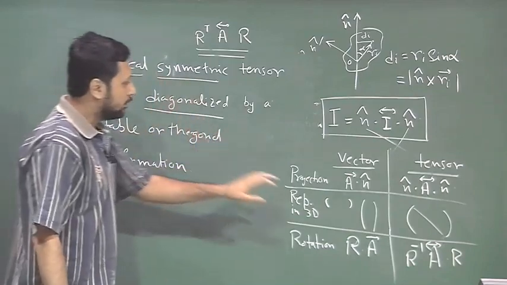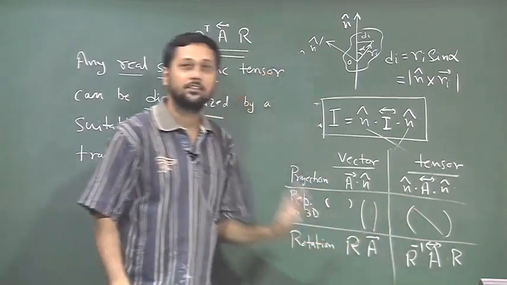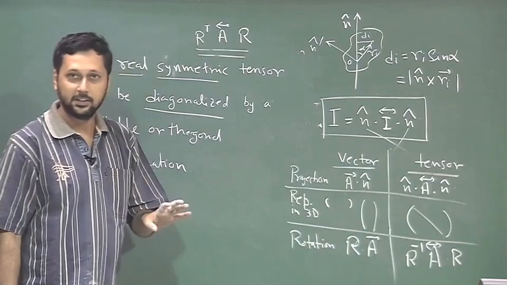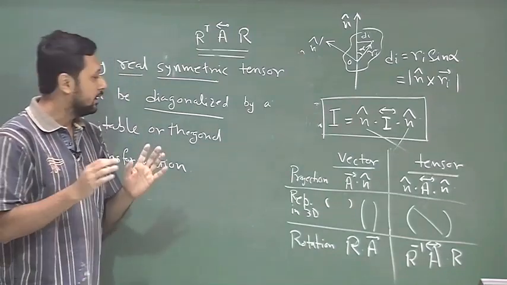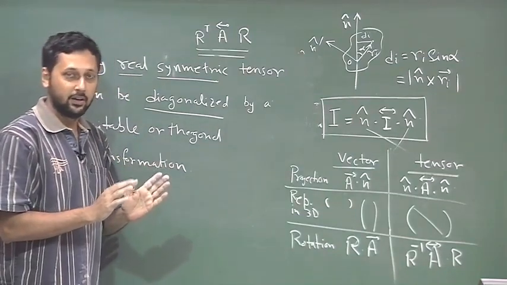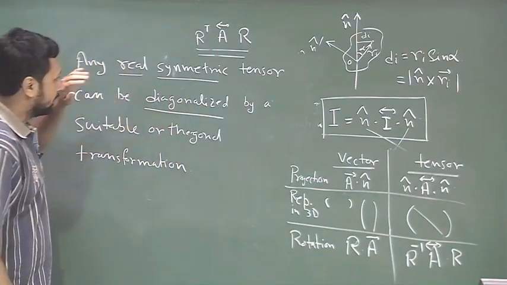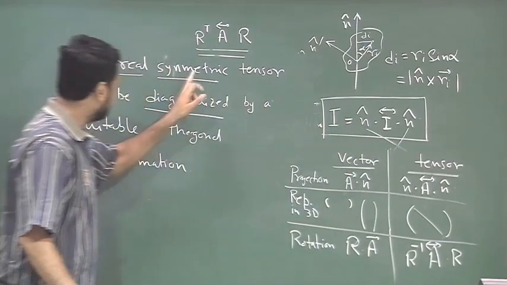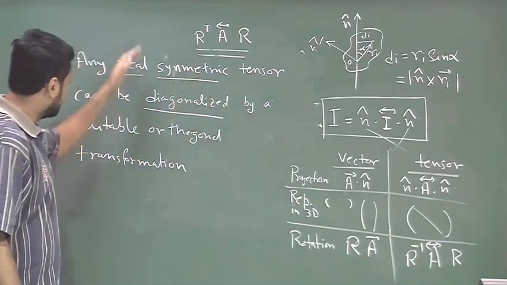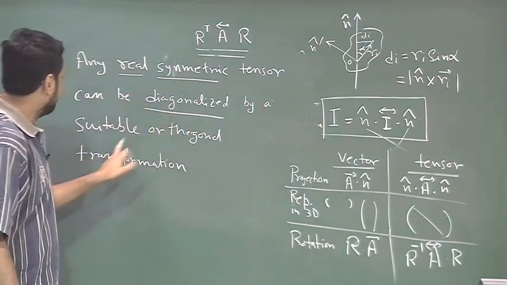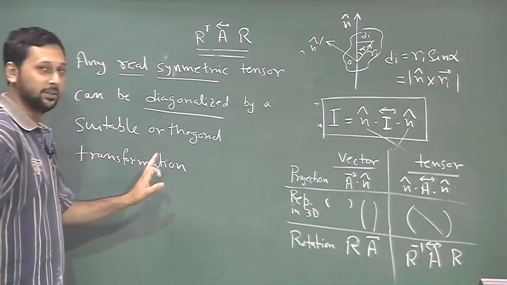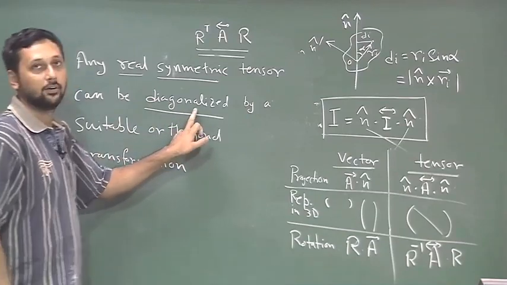And real means all the elements of this matrix are real numbers, nothing imaginary, so it is called a real symmetric tensor. Now, we will take it up in the next class and show you that our inertia matrix is a real symmetric tensor, and by this result it can be diagonalized by a suitable orthogonal transformation. Also, we will discuss what is the meaning of diagonalization.